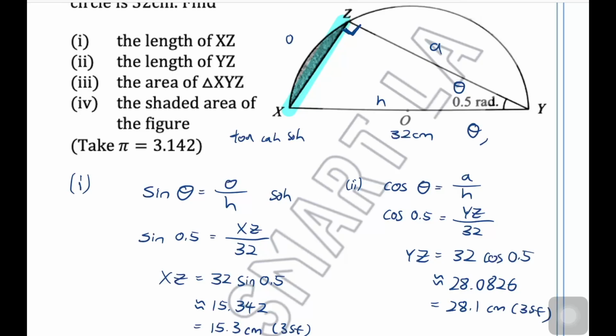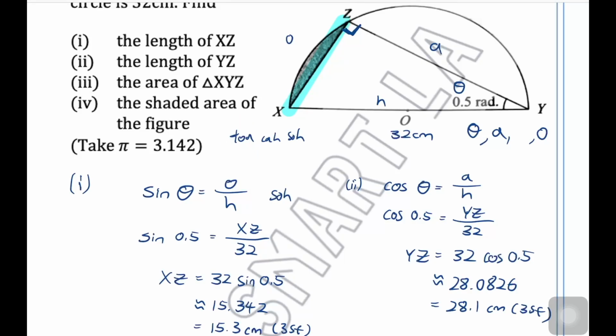I want to find my adjacent, so A, and then I have my hypotenuse. After you find part one, you technically also have your opposite. So if you don't want to use your hypotenuse, you can say that I have O, I'll find A, and then I have theta, so I can use tangent.